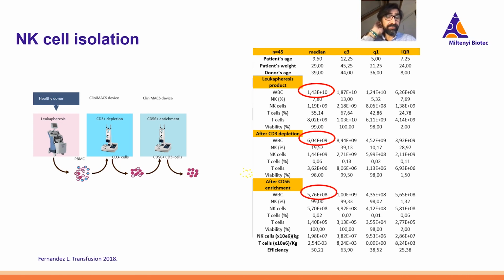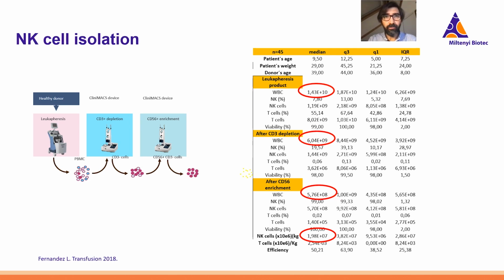And after a second step of CD56 positive selection, we can increase the enrichment of our product to more than 99% NK cells with very low T cells, and we can infuse around 20 million per kilo, with an efficiency of our process of around 50%.